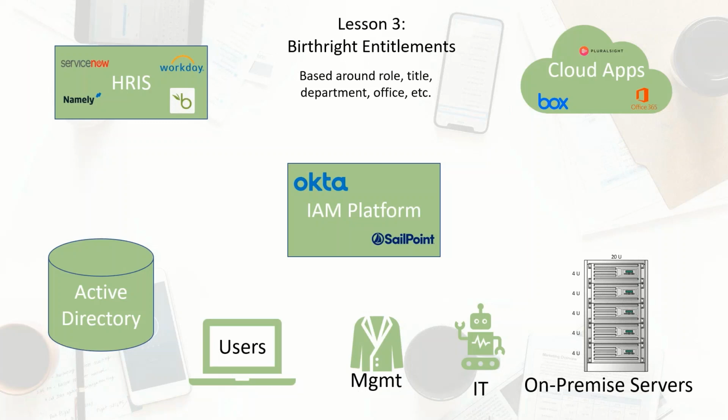Knowing what type of entitlements users need at the very beginning gives you a huge leg up around automating these particular processes. And this generally is going to, again, start from our HR system. We're going to start in HRIS. We're going to create different entitlements based around whether it's role, department, the office they work out of.